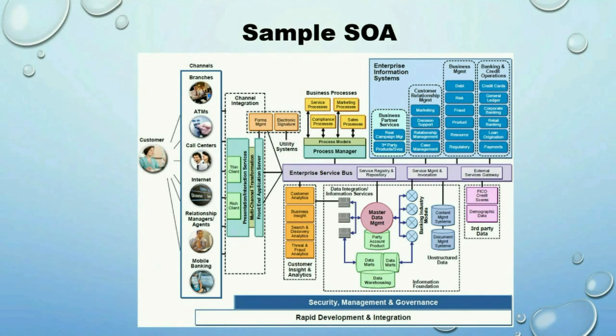Now, in this service-oriented architecture, a company is more or less being viewed as a value chain. The receiver of the value is obviously your customer, and the customer goes through various channels to interact with certain parts of the company.